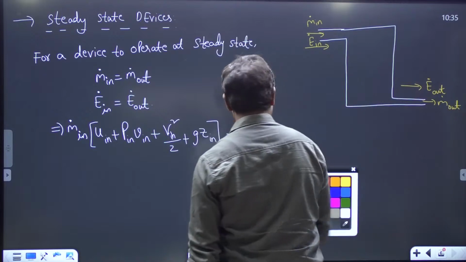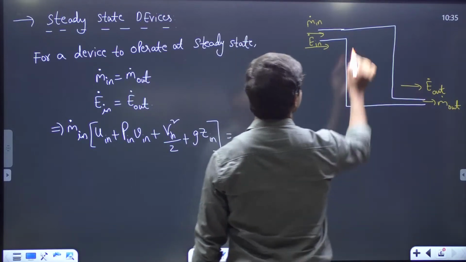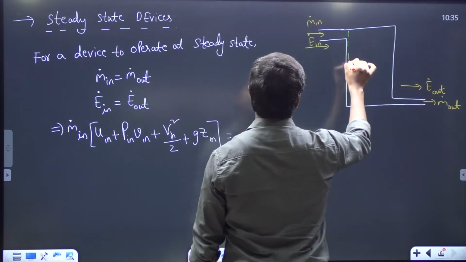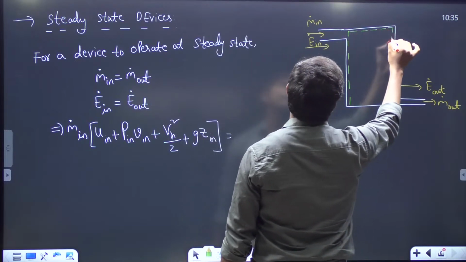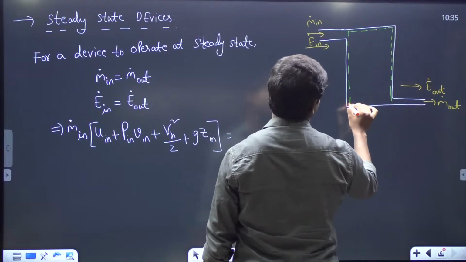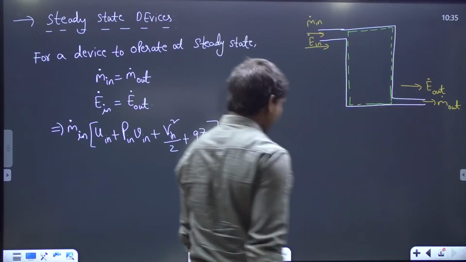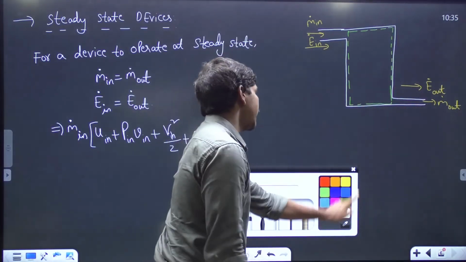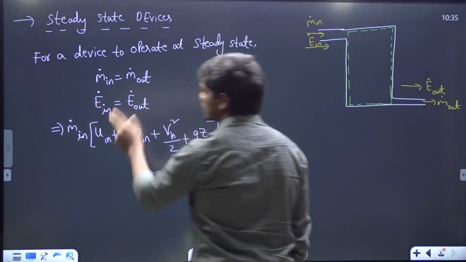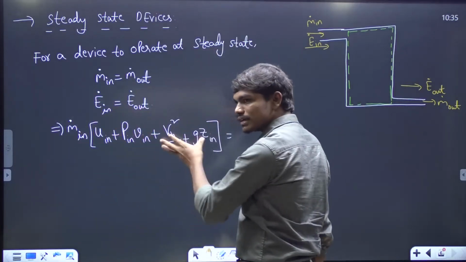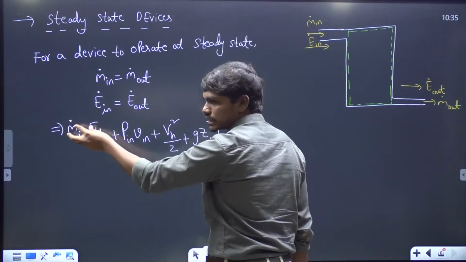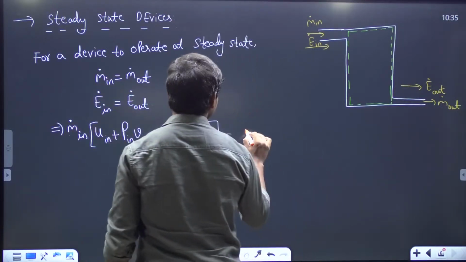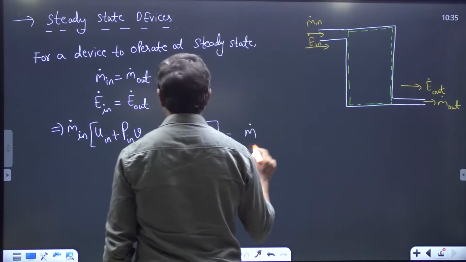Then if this is my boundary, then the energy that is coming in is given by this complete term. Because these are per unit masses, and since we want energy rate, we multiply it with mass inflow rate. So this should be equal to the energy out.